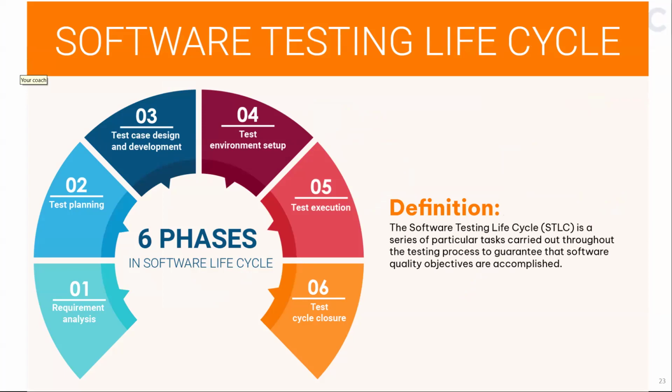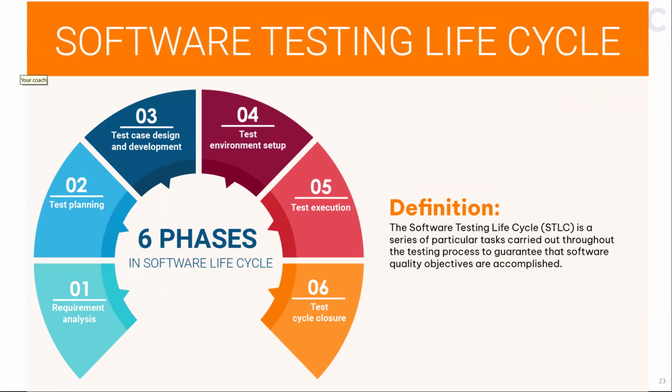Which brings us to some colorful slides. Software testing life cycle. We looked at SDLC, the software development life cycle. Here comes the software testing life cycle. It's a series of particular tasks carried out throughout the testing process to guarantee that software quality objectives are accomplished. There are 6 here. Number 1 is requirement analysis.